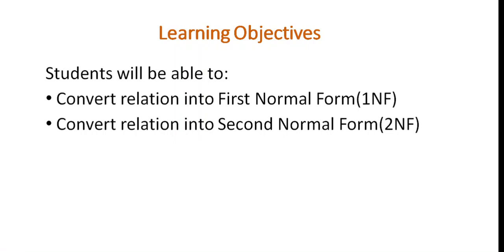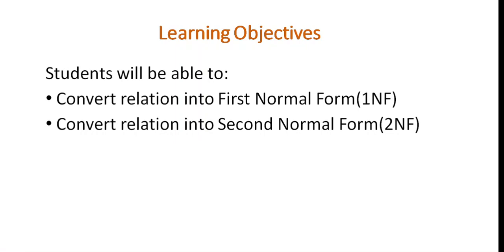In normalization, we divide a larger table, that is a table which consists of a number of attributes, into smaller tables with fewer attributes, and then we relate those different tables together by using referential integrity constraint.